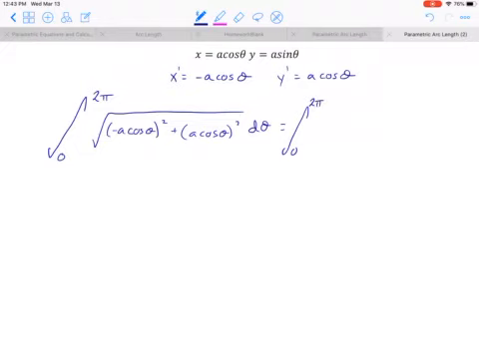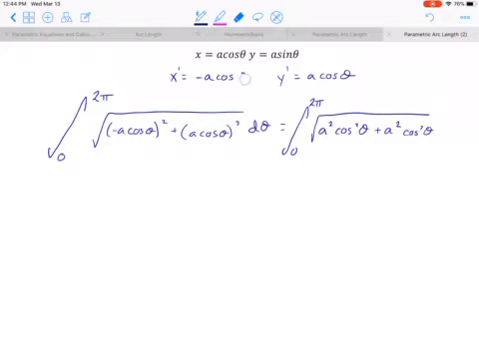Pause and see if you can simplify this on your own. This is going to become a squared cosine squared theta plus a squared cosine squared theta again.